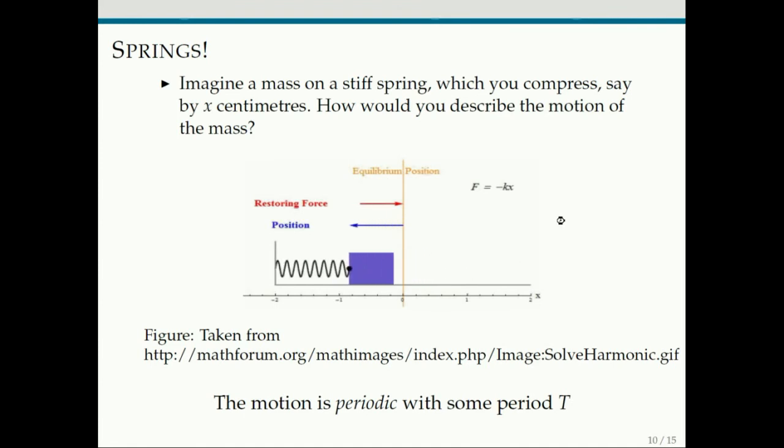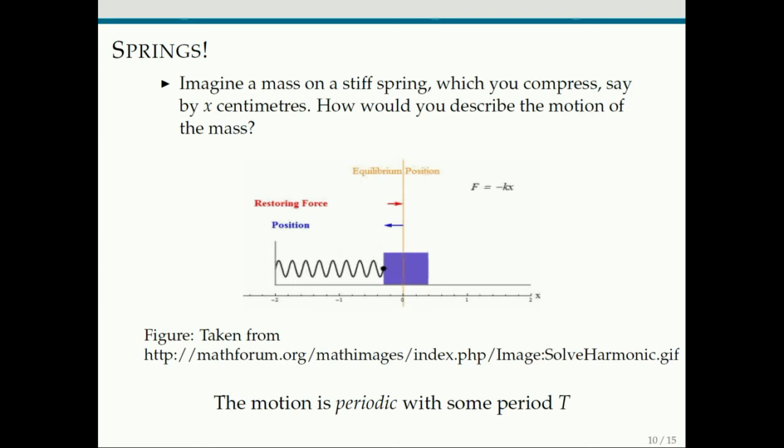And the equation that represents this restoring force is F is equal to minus kx, where k is some constant, and x is the distance from this red line to the current position of the mass. An interesting thing to realize is that the mass keeps returning to its previous position. So the motion is in fact periodic with some period T.